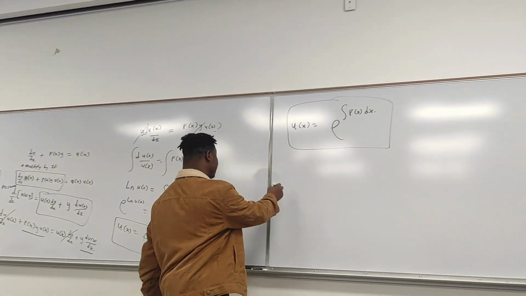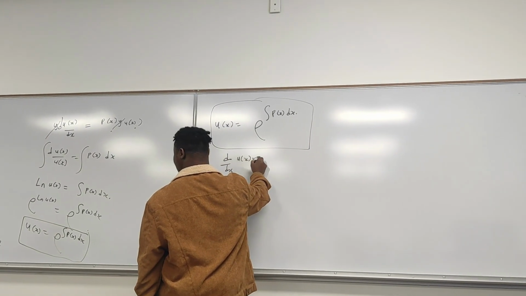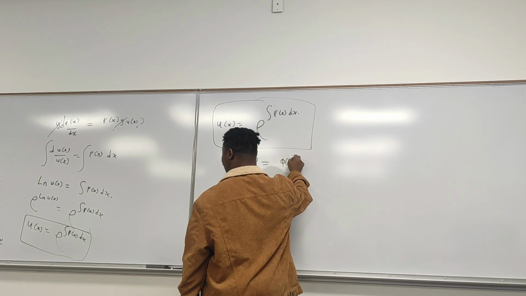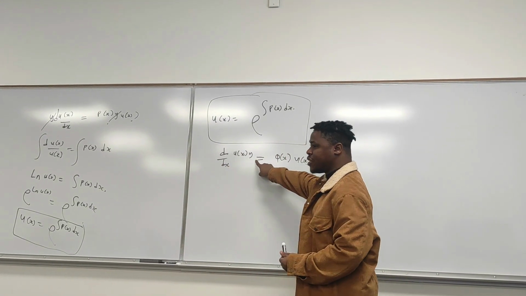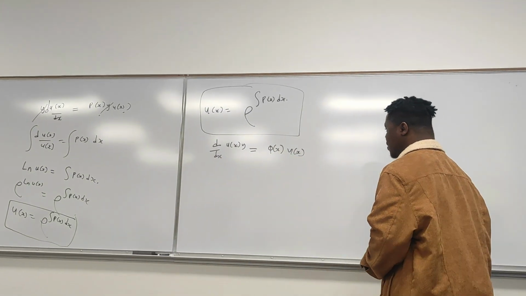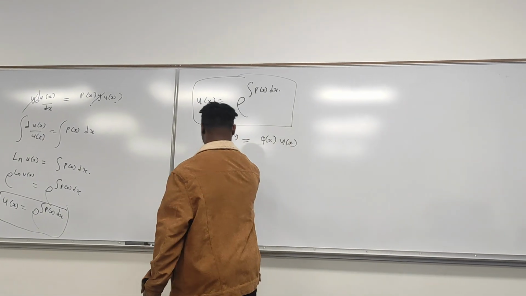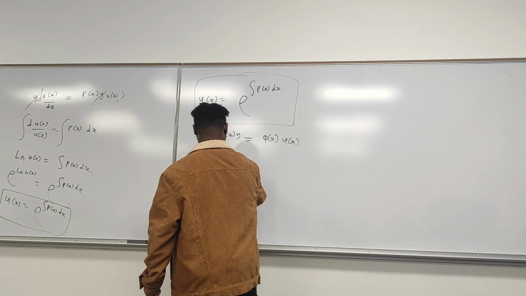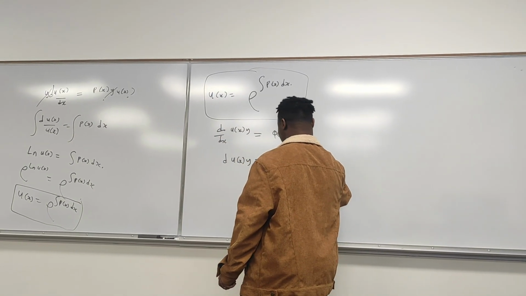So we could say d over dx, u of x times y, is equals to q of x, u of x. Now we're looking for y, which is the solution to the differential equation. So all we need to do is move this to this side. It becomes d of u of x y is q of x, u of x dx.